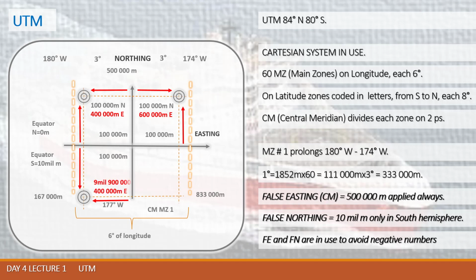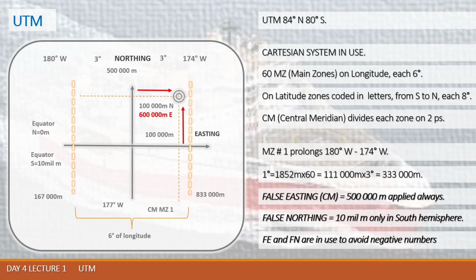But when you work with UTM, you have to understand that if you don't know the name of the zone, it is actually impossible to use the provided coordinate correctly. And very often I'm asked why the false northing is equal to 10 million meters. The answer is very simple. You know already that the coordinate projection is prepared from 84 degrees north till 80 degrees south.